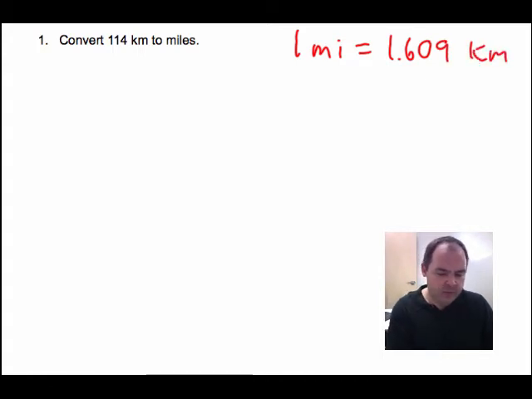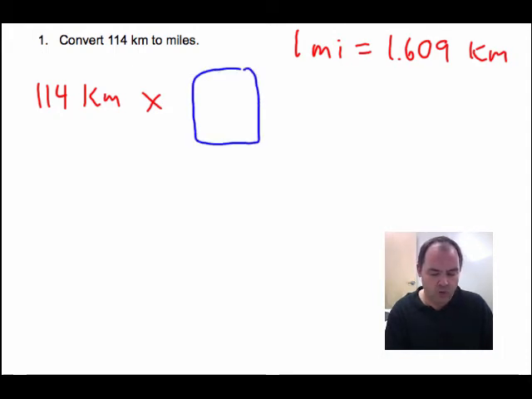Alright, so we're beginning with kilometers, and then what we want to do is multiply by 1. So this number in the blue box is 1, and what we want that to give us is our final answer in miles. So we want the kilometers to cancel out.